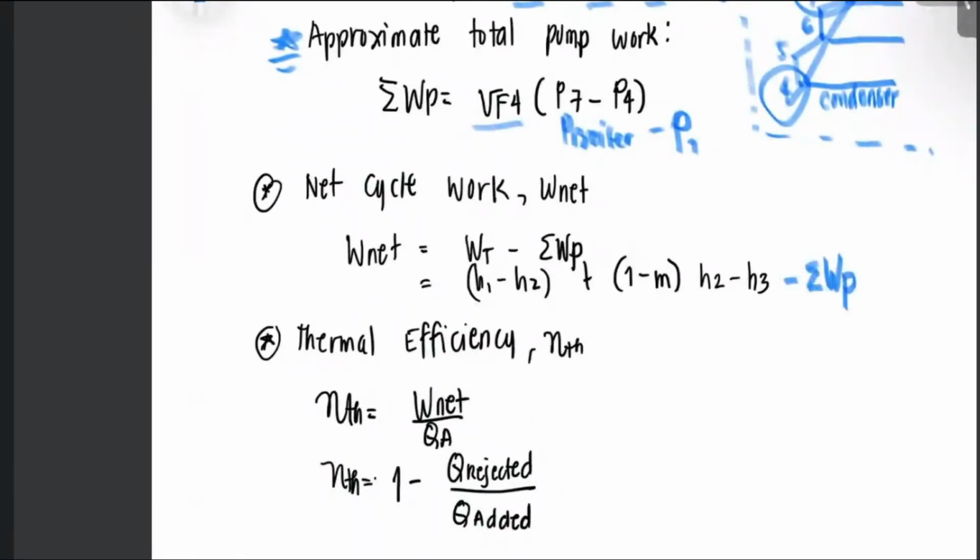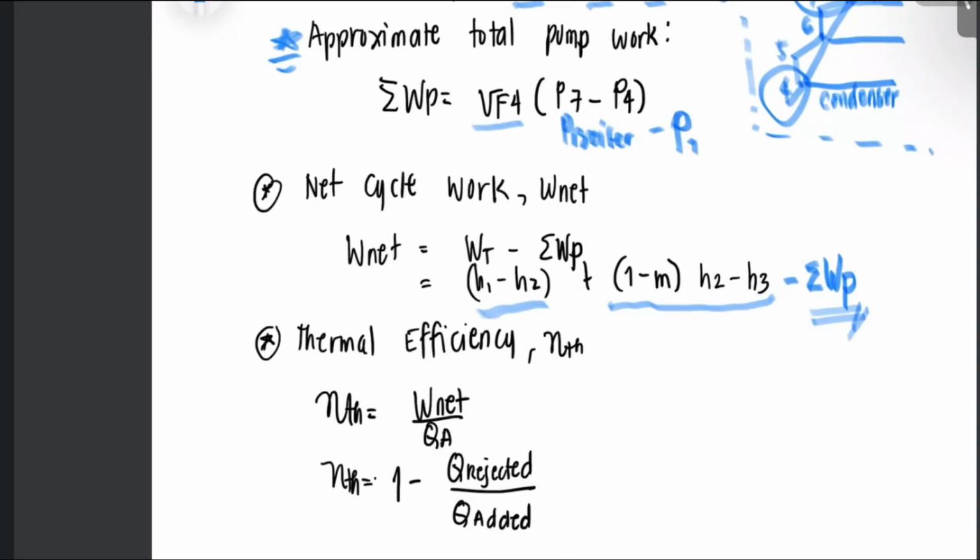Plus, pakitingnan niyo dun sa PDF na nasend ko. May kulang. So, this is work net. So, ito yung ginamit na equation natin from the work of the turbine: H1 minus H2 plus the 1 minus M times H2 minus H3, minus the summation or the approximate total pump work. Ito. Kulang to class dun sa nabigay ko.